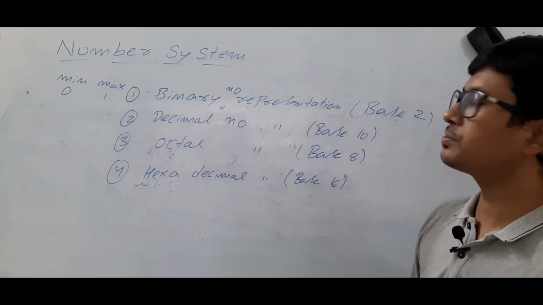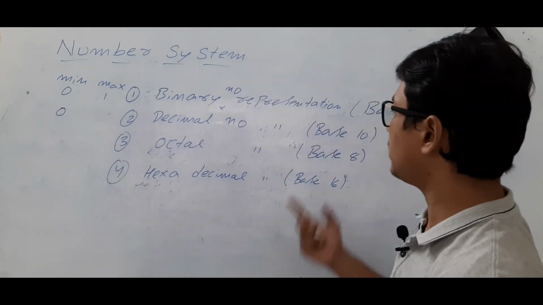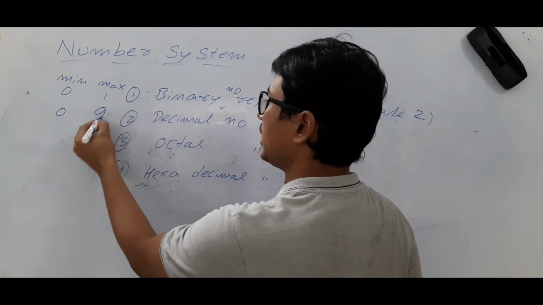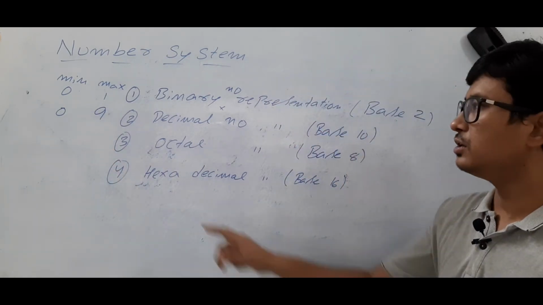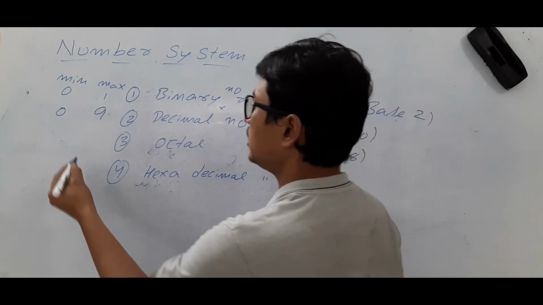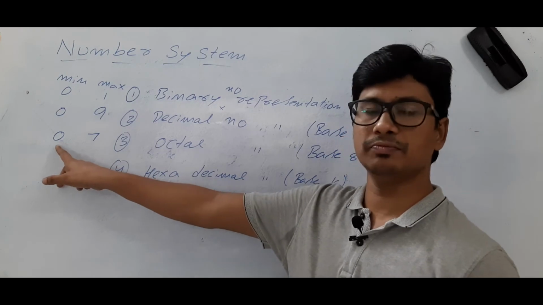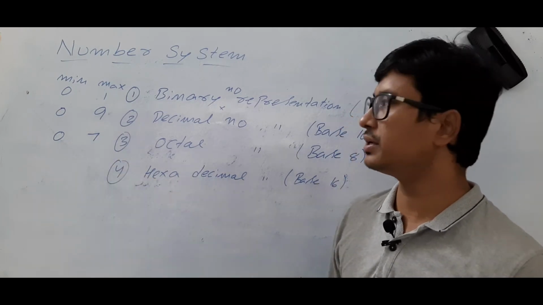Now come to the decimal number. The minimum value allowed is 0 and the maximum value allowed is n minus 1, which is 9, because n here is 10. Now in the octal number representation, you will have 0 to 7. The minimum element allowed is 0 and the maximum number allowed is 7.